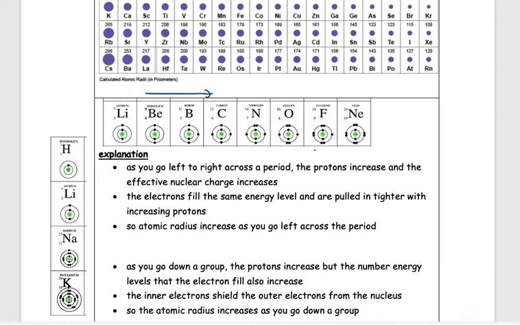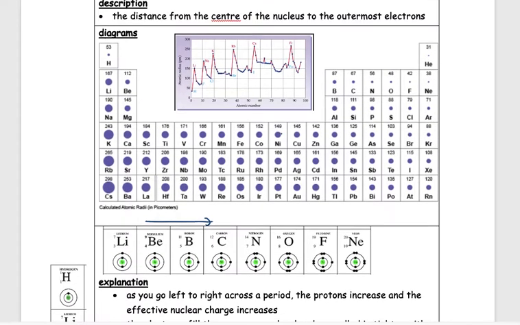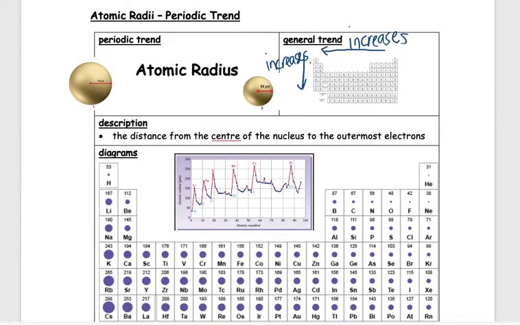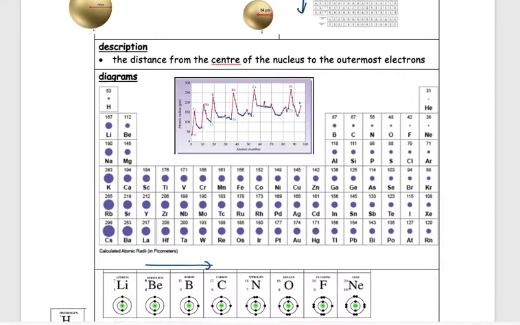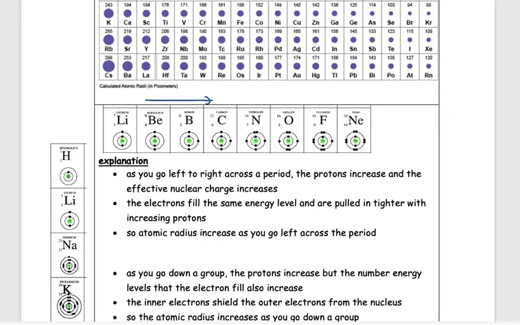If that is increasing, the force of attraction between the protons and electrons is increasing. So it's like a magnet, you're pulling those electrons in, and therefore your radius will decrease as you go that way. I like to memorize which way it is increasing, so that's why I show the arrow this way. But when we're looking at what's happening as we go across the period, well, it's decreasing.